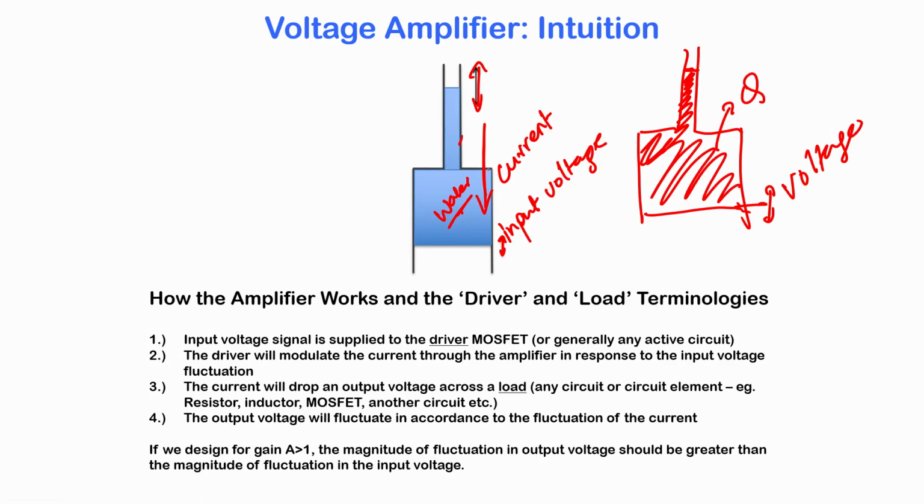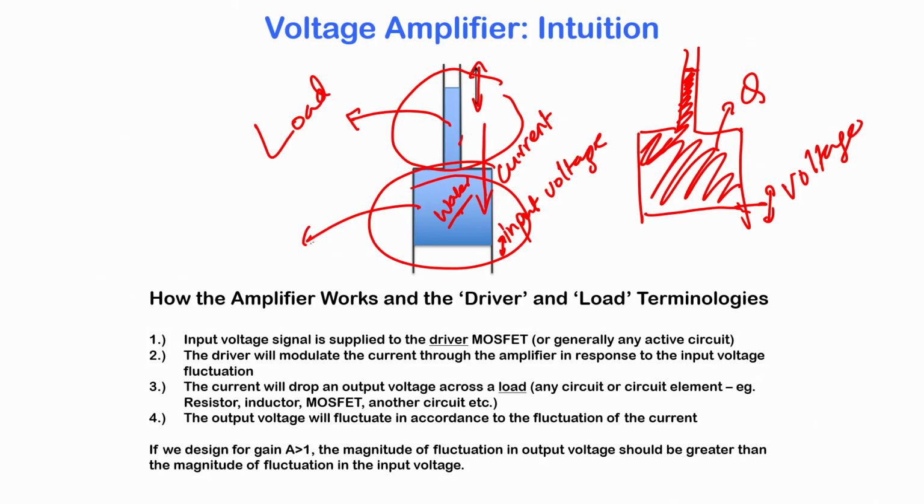And so these are basically going to be constructed with two devices. It could be a resistor or a transistor acting as a thin capillary, which is called the load, and a MOSFET acting as a large capillary, which is called the driver.